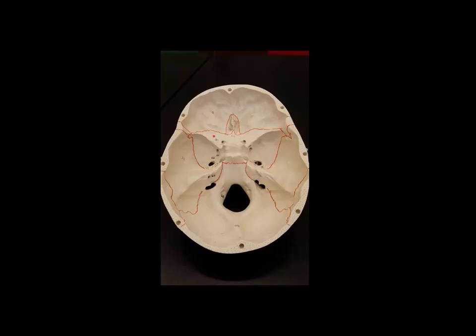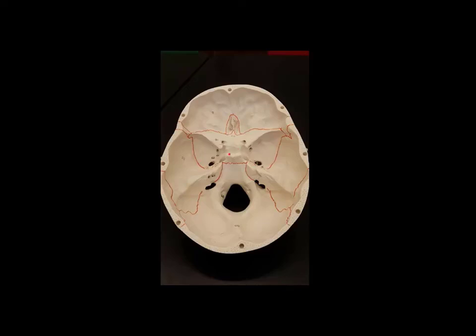The higher part, this part right here, is called the lesser wing of the sphenoid bone. And down here, this is that greater wing that we kept seeing either in the eye socket or around the temples. So lesser wing up at the top, greater wing down at the bottom.